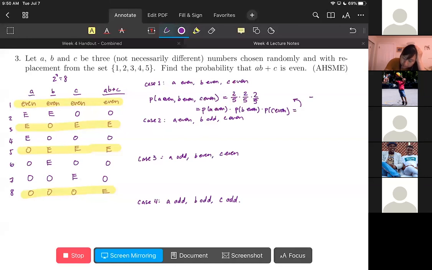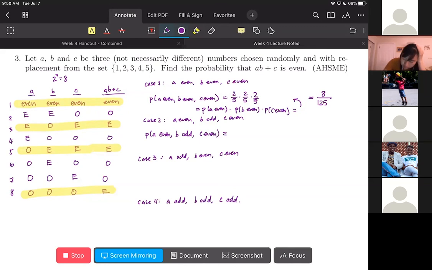And if we write that out, that gives us 8 over 125. What about case 2? That's 2 over 5 times 3 over 5 times 2 over 5. So 12 over 125.